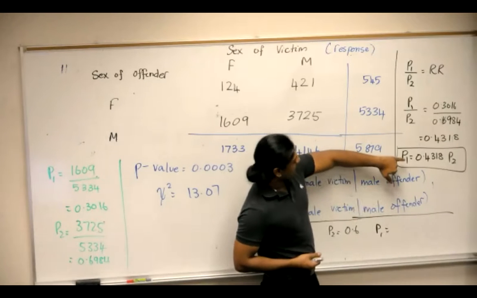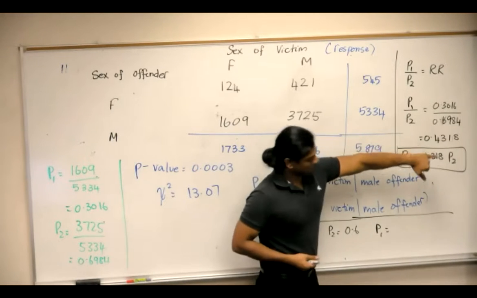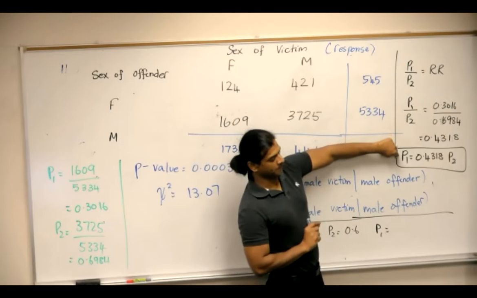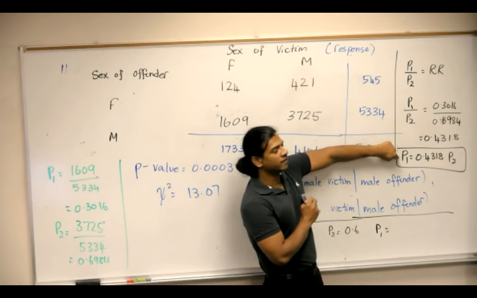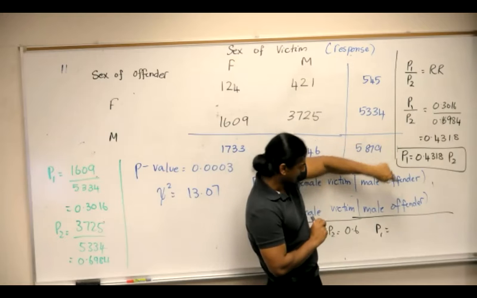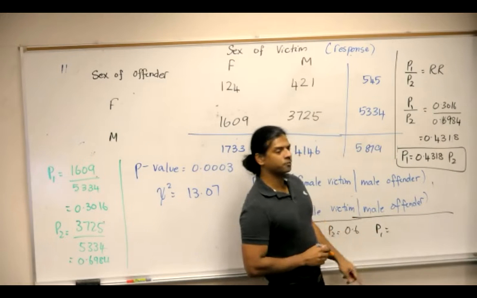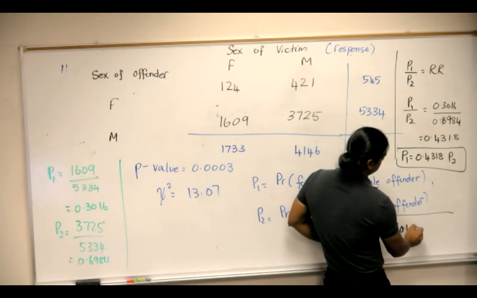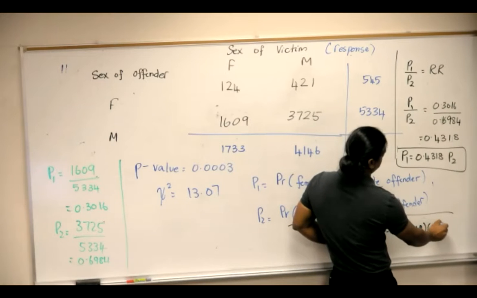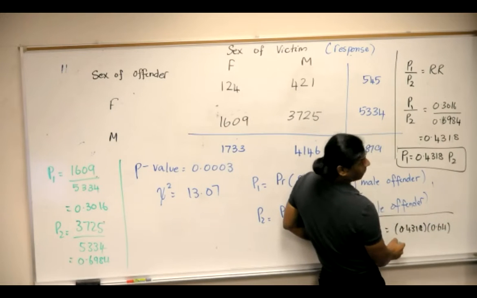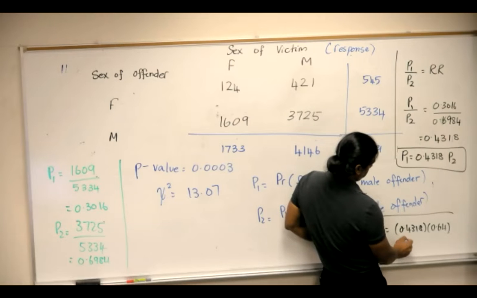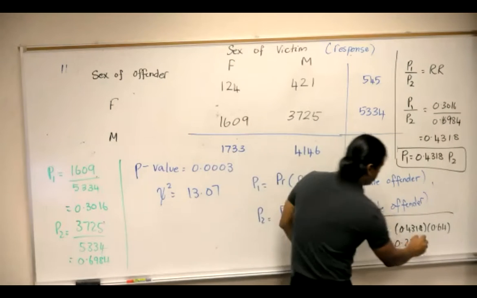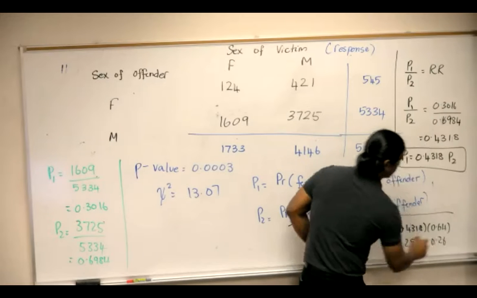P1 equals 0.4318 times 0.6. So we know the relationship of this problem. Taking, for instance, P2 to be 0.6, if you multiply the two, what do you get? 0.259. So let's say approximately 0.26.